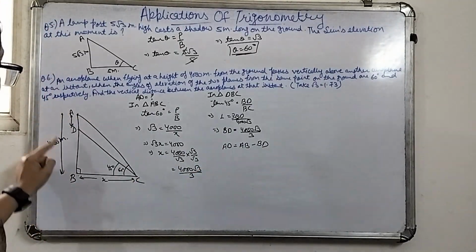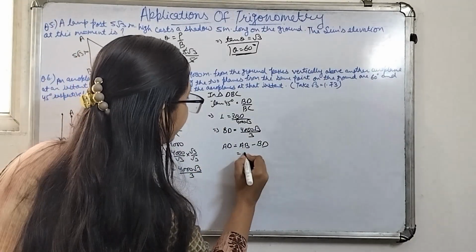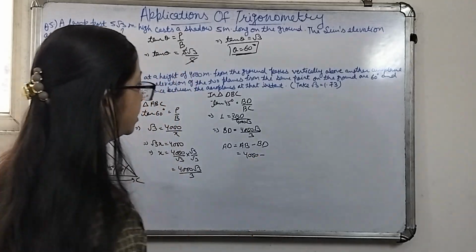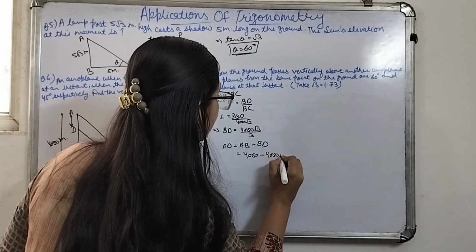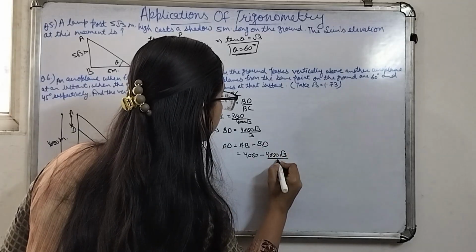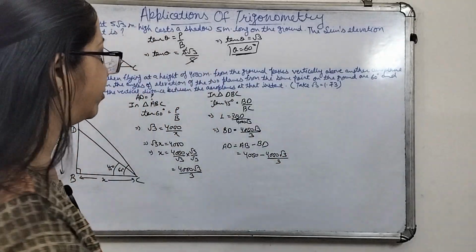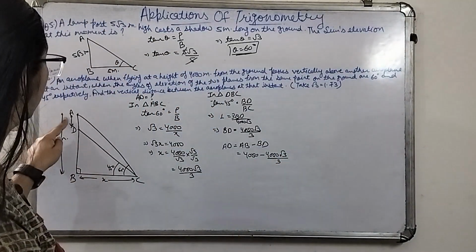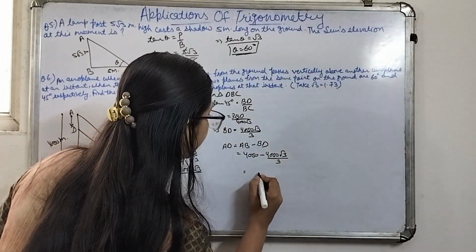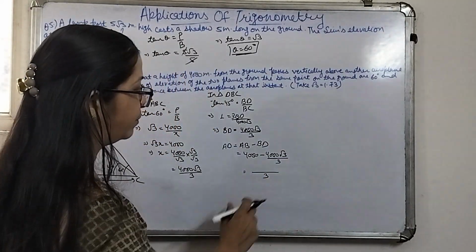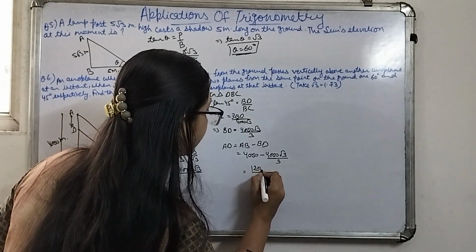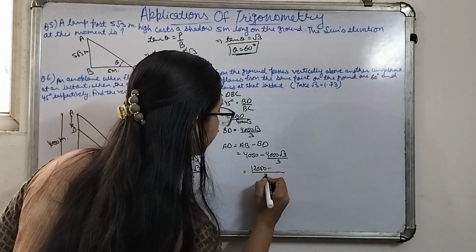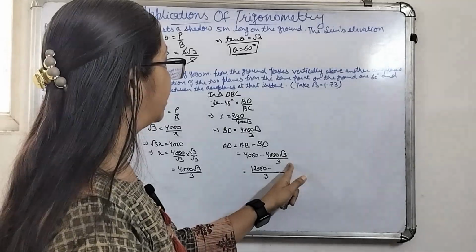We know that the value of AB is 4000, and the value of BD is 4000 root 3 over 3. Now if we solve it further, we will get the value of AD. So we'll take the LCM, that will be 3. 4000 multiplied by 3 is 12,000, minus 4000 multiplied by root 3.